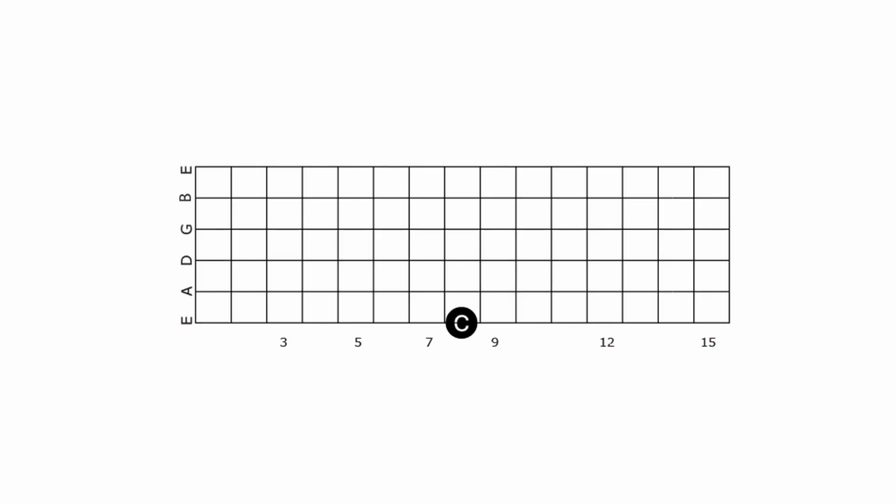Going back to finding identical notes on a higher fret or adjacent string, we subtract 5 from 12 to get 7. So an identical note on an adjacent string is either 5 frets lower or 7 frets higher.